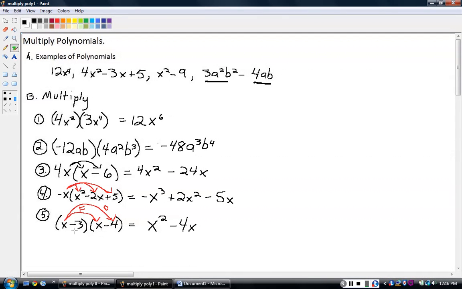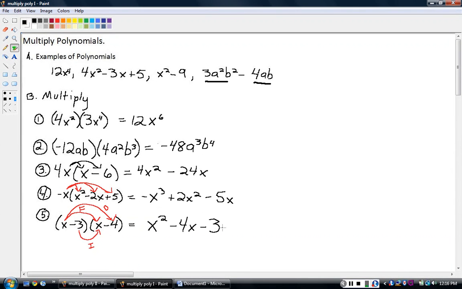So I multiply the x by these two. Now I've got to multiply the negative 3 by these two. I'm going to multiply the negative 3 by the first term in the second binomial. So that's the two inside terms. They're on the inside. That's the I in FOIL. Negative 3 times x is negative 3x.